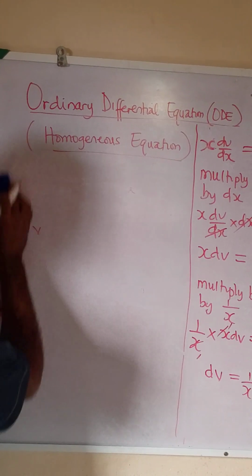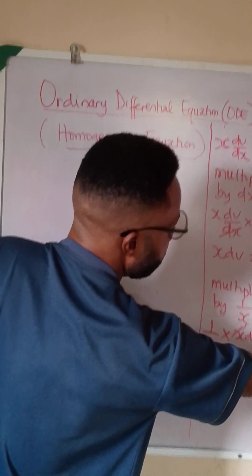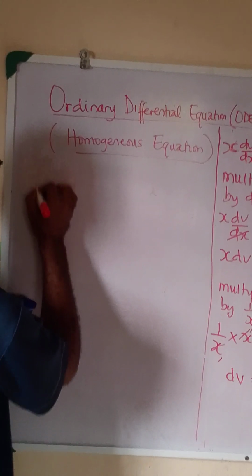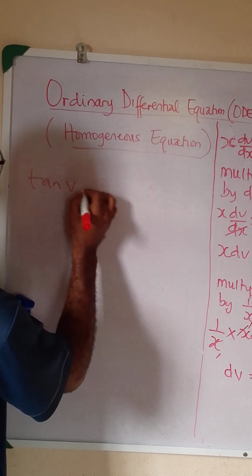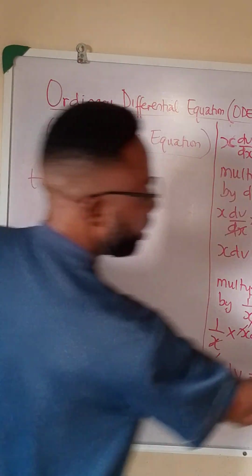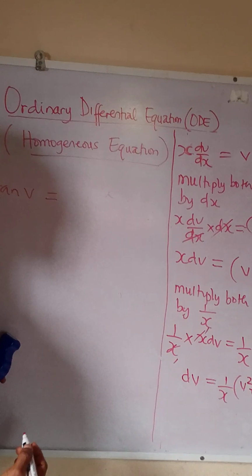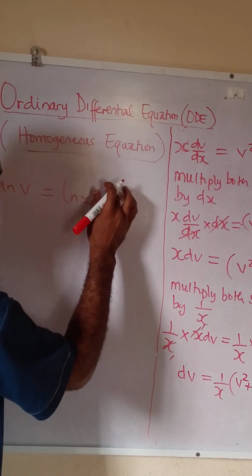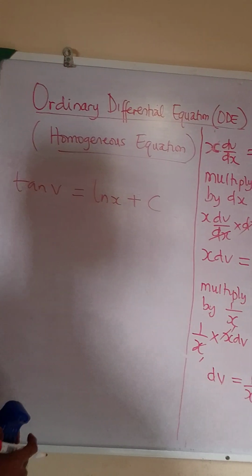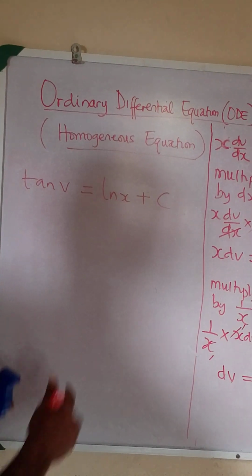So when we integrate 1 over v squared plus 1, we have tan v, equal to, when we integrate 1 over x, ln x. Remember, you always add your c, which is the constant of integration.